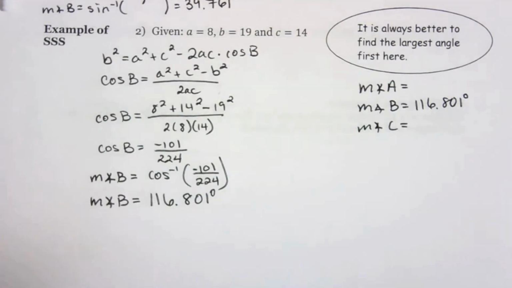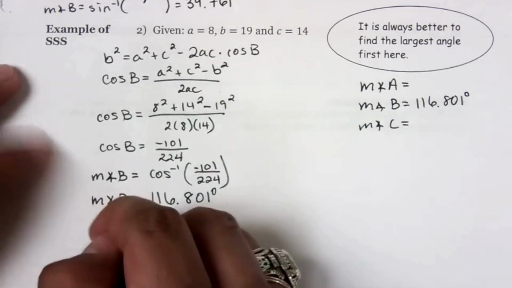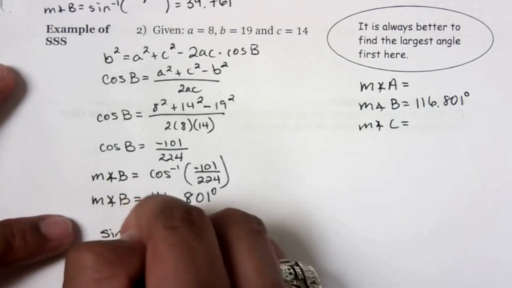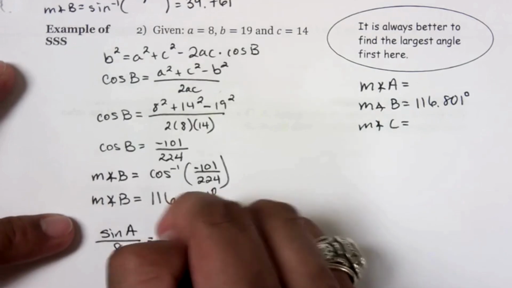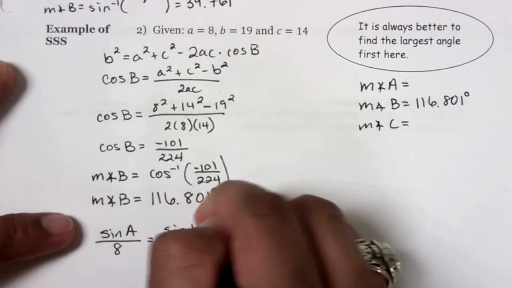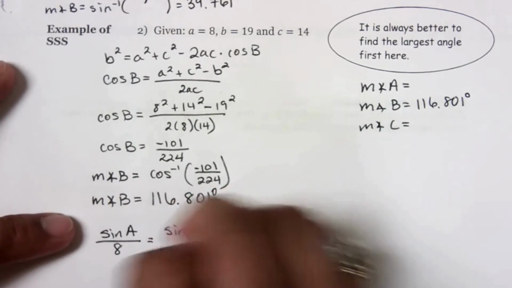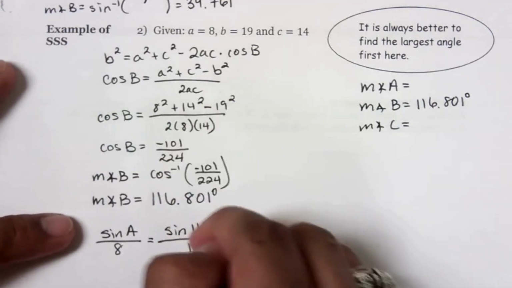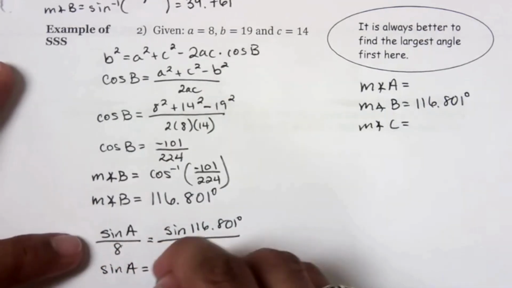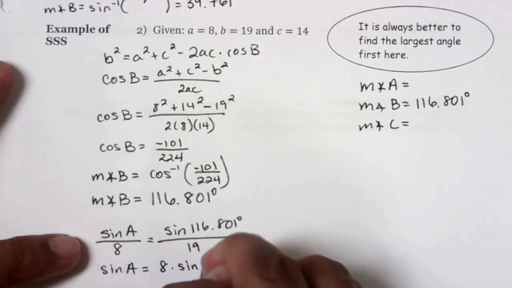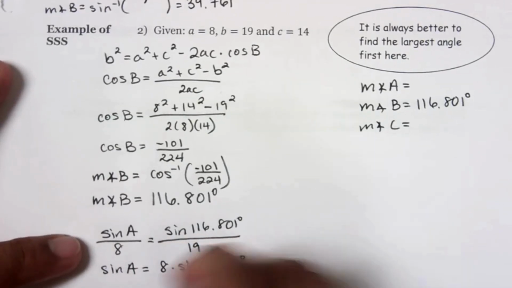So let's just do it alphabetical and find A. So sine of A over 8 will equal sine of B, which we just found out is this, over 19. So sine of A equals 8 times the sine of 116.801 over 19.